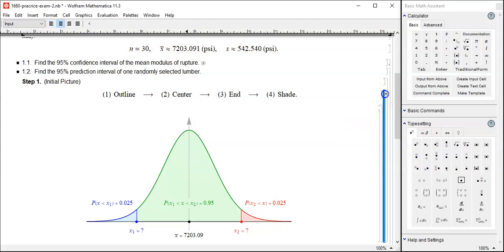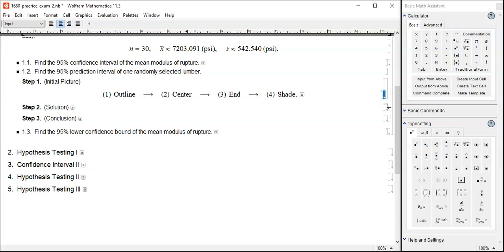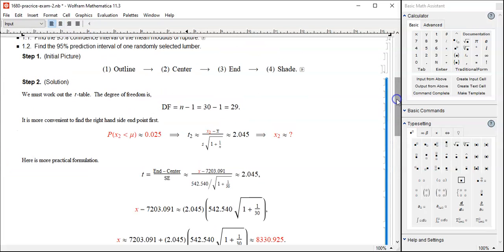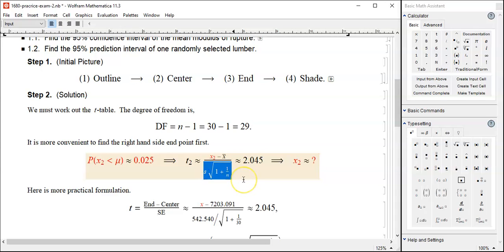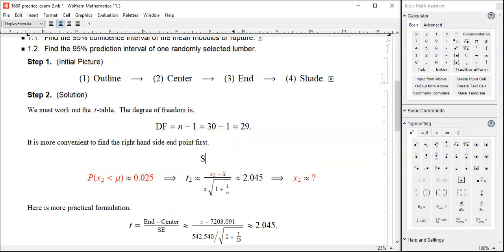Now, let's go to the next step, and the big difference here is the standard error. Instead of this previous denominator, previous standard error of s over square root of n, we have something different. S times square root of 1 plus 1 over n. Basically, it's this one.